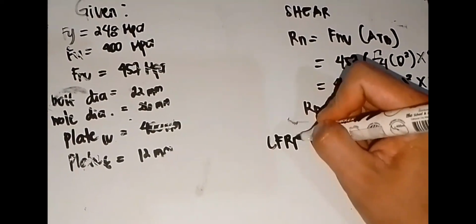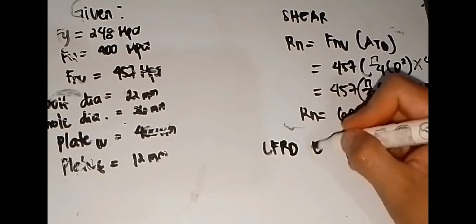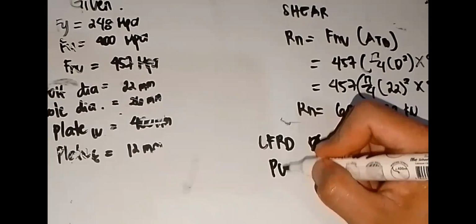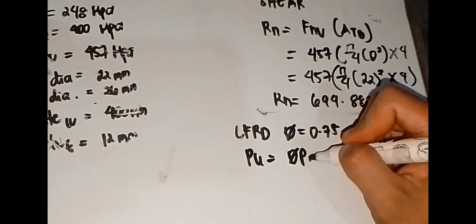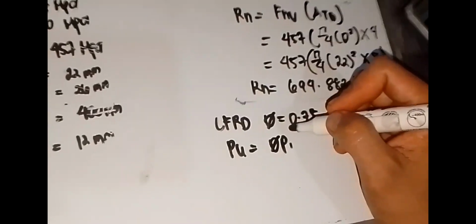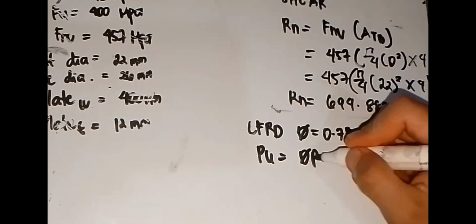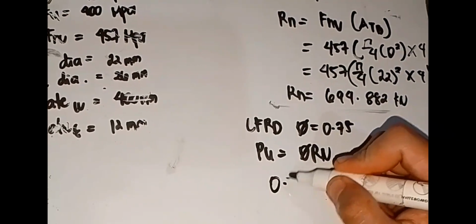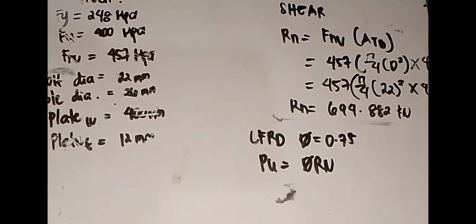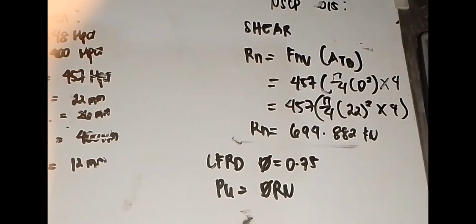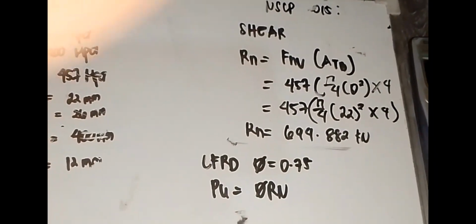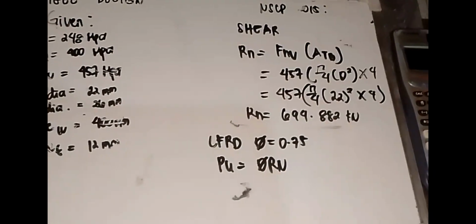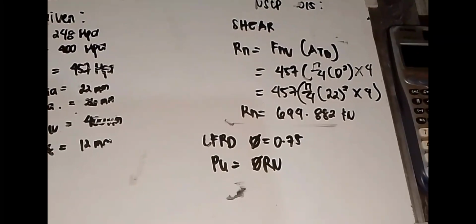So in LRFD, phi is equals to 0.75. So phi Rn is 0.75 multiplied by 694.882.